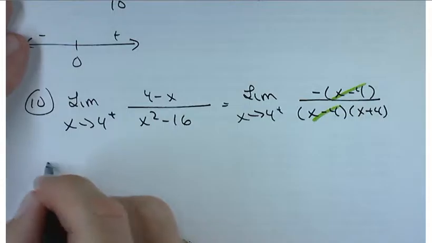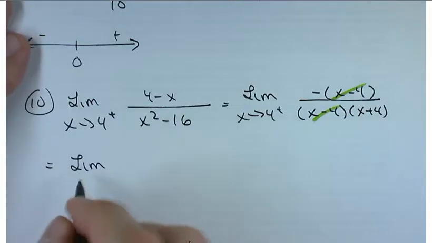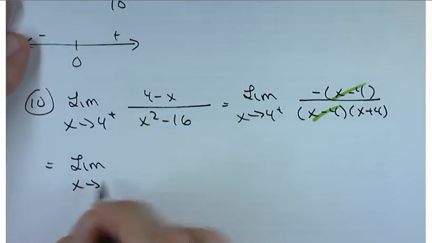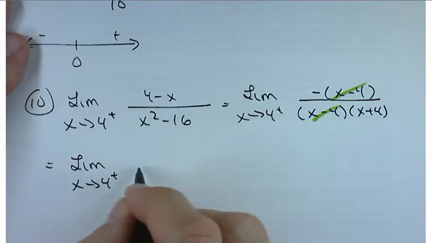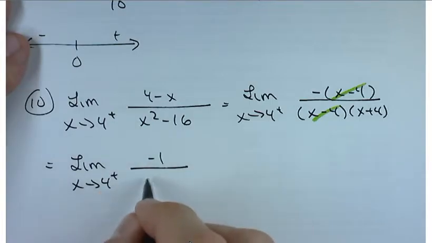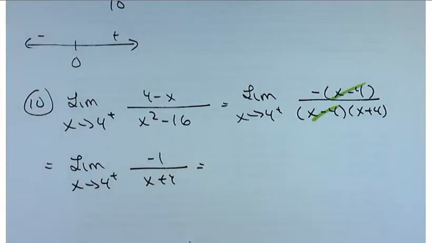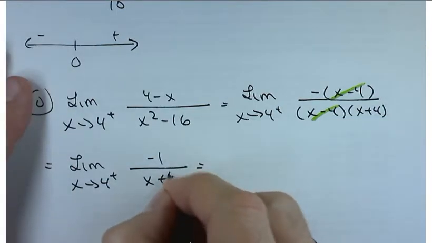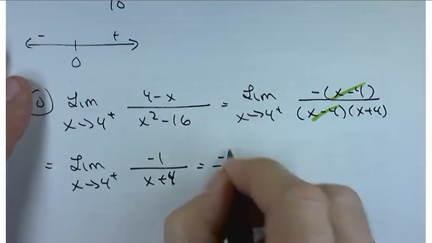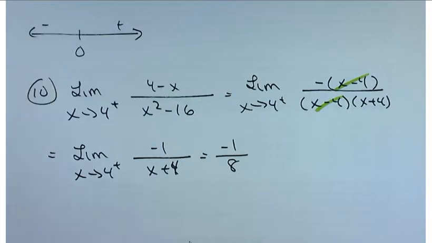We're left with the limit as x approaches 4 from the right of negative 1 over x plus 4. What's that limit going to give me? Yeah, thank you. Negative 1 over 8.